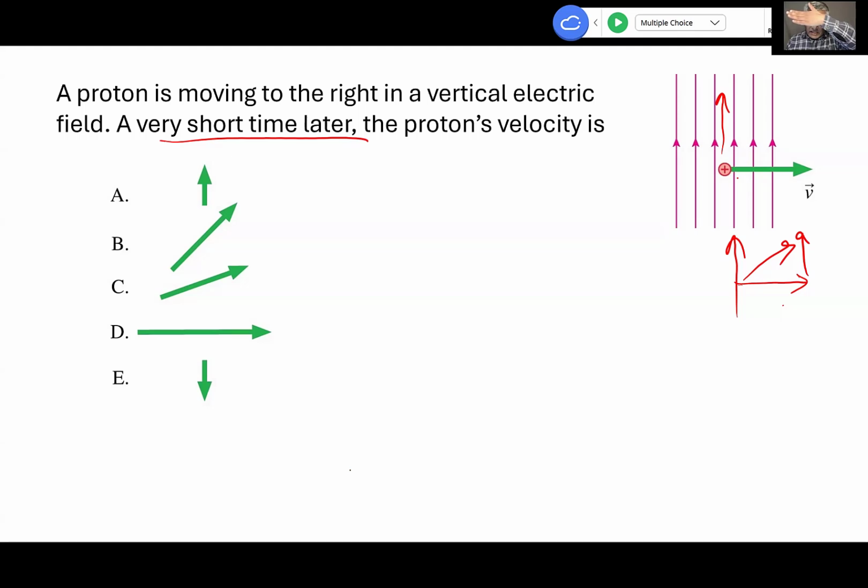Another step, you are turning a little bit. Another step, you are turning even more and more. And eventually, you're going to be going to the north, even if you are not at rest. But yes, if it was at rest, it would start in that direction. And as long as it is in the field, it keeps experiencing force.